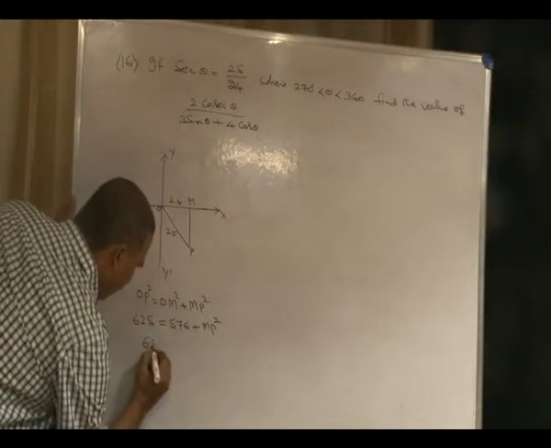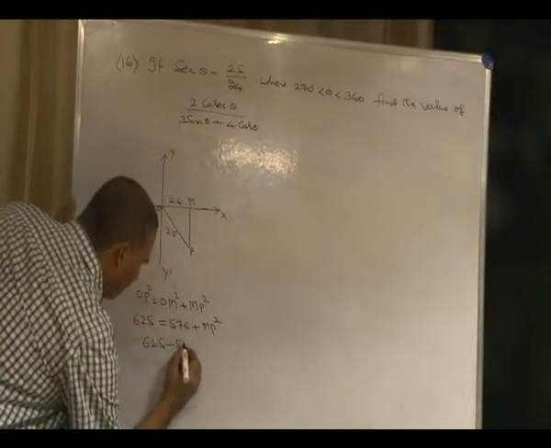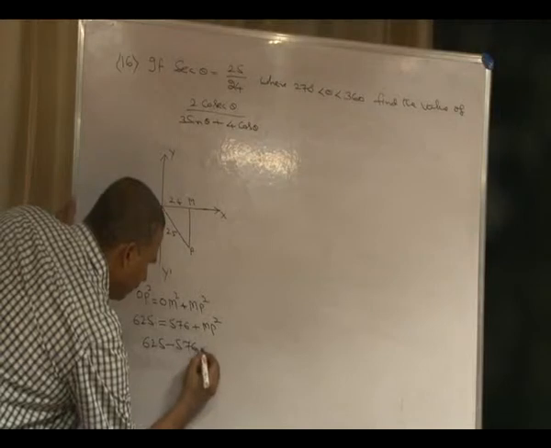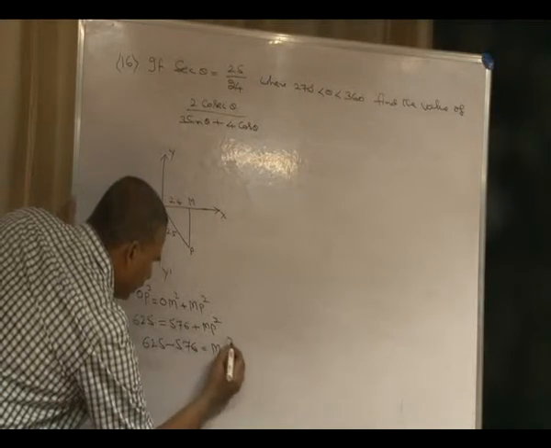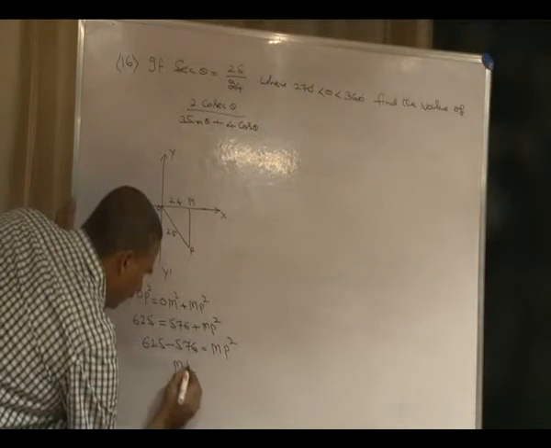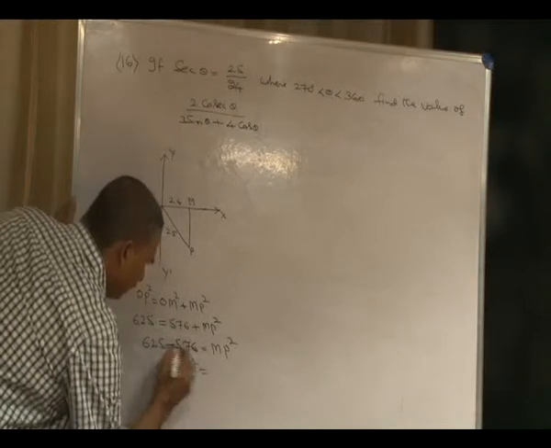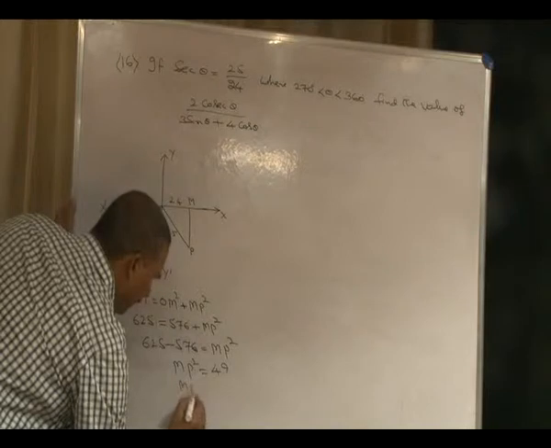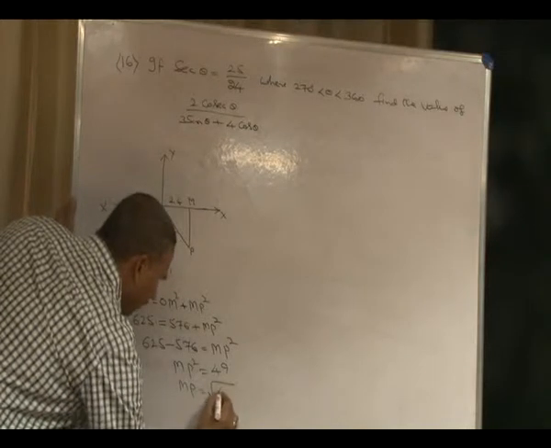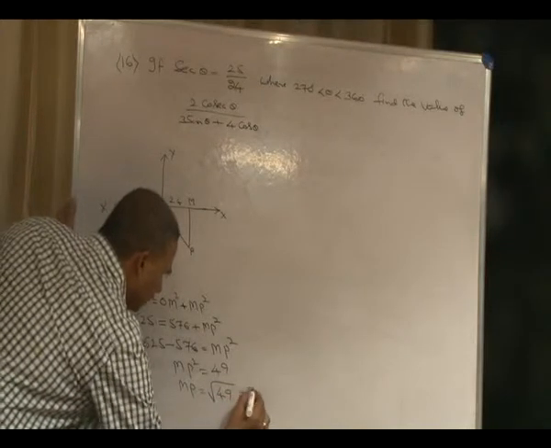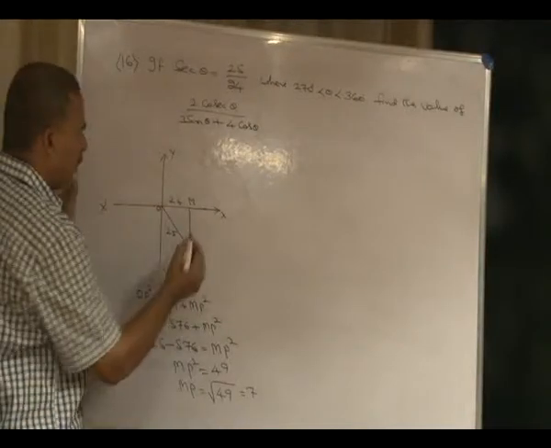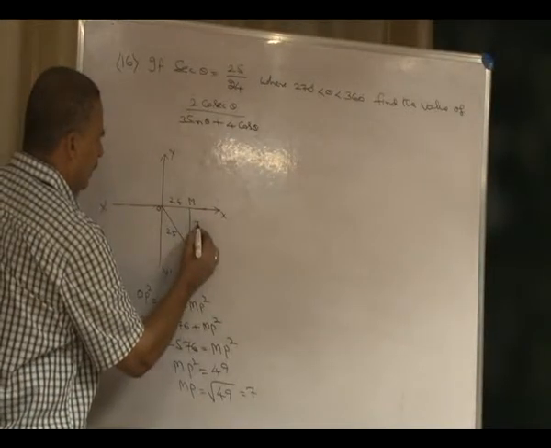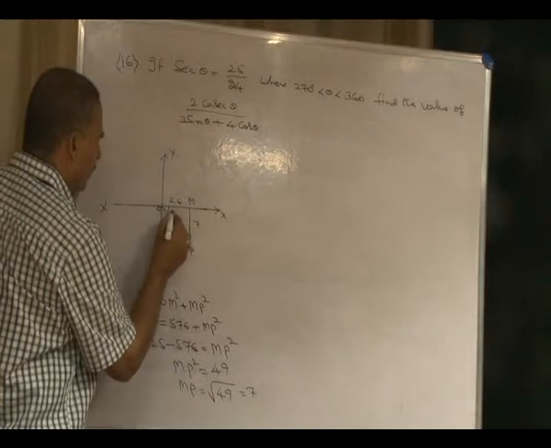So MP square equals 625 minus 576, which is 49. MP equals square root of 49, that is 7. Here the opposite side of angle theta is 7.